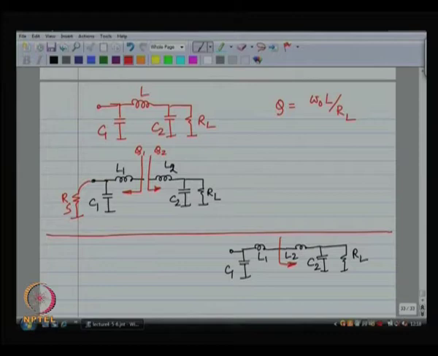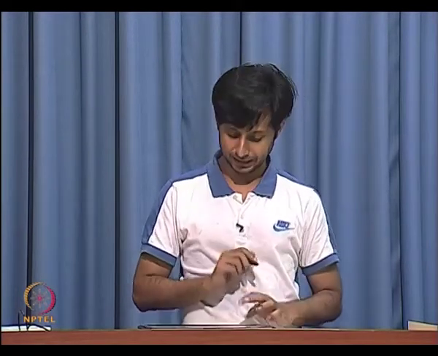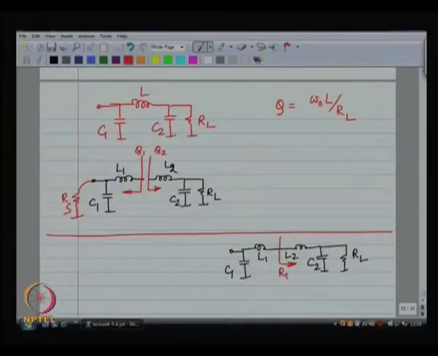This intermediate resistance is smaller or larger than R L? It is smaller than R L. Then we transform that intermediate resistance into a larger resistance looking in from here. So, we go down first and then we come up to the desired value. So, I needed a certain transformation ratio.